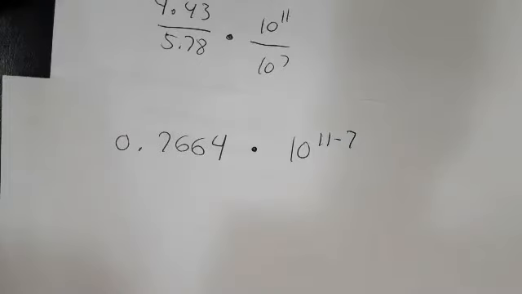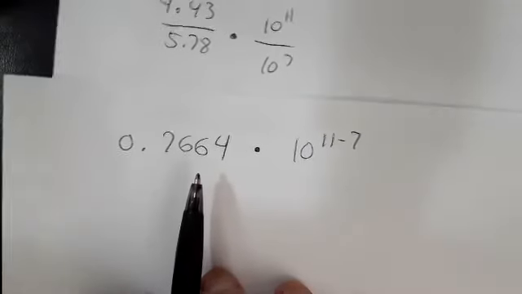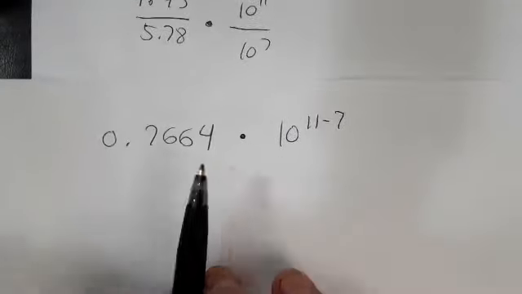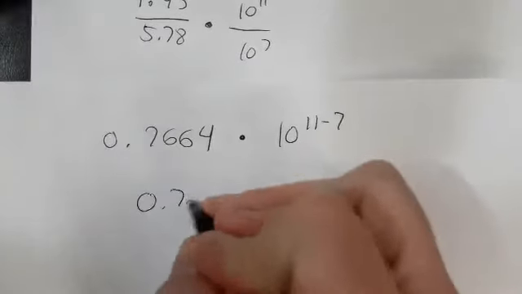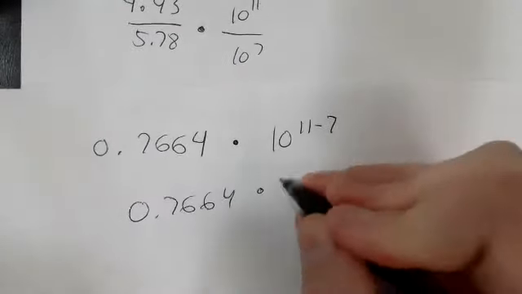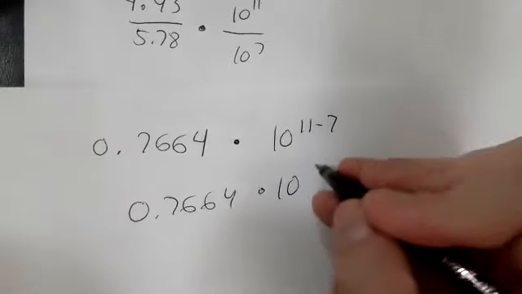That's the rule that we have for exponents. 11 minus 7 is going to give me 4.